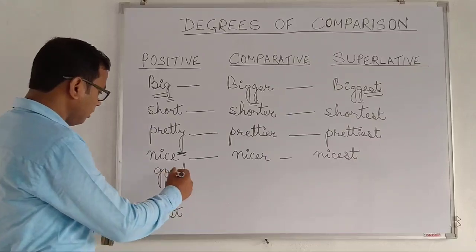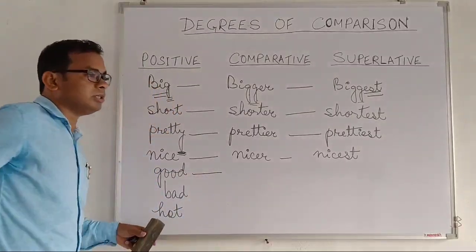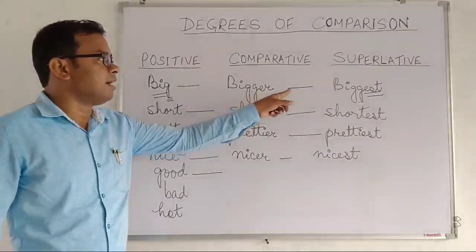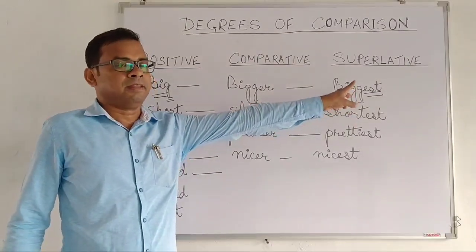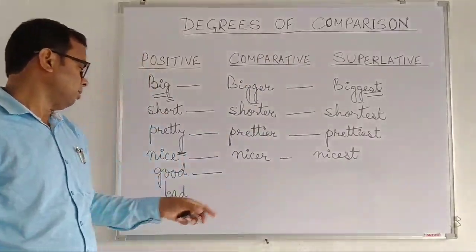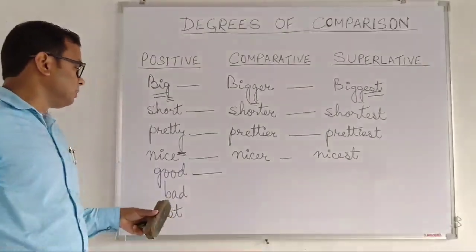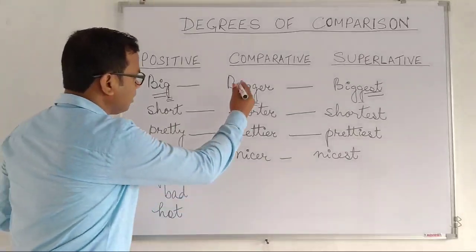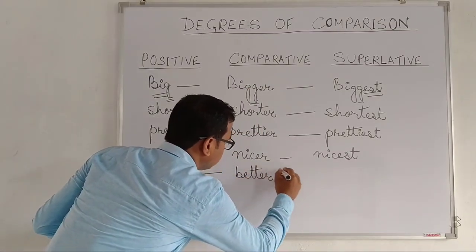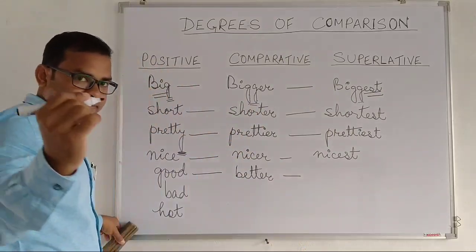Similarly, now we have another adjective, that is good. Some adjectives don't take er and est form in order to make comparative and superlative. So it directly changes. So good, comparative degree will be better. Good, better, and the superlative form is best.